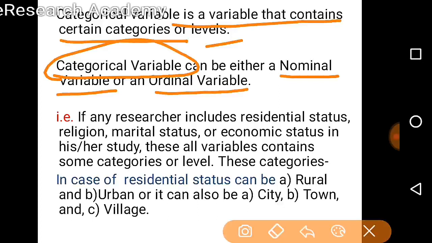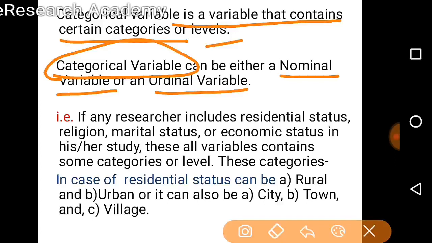Religion is a variable that contains four categories in itself: first Hindu, second Muslim, third Sikh, and fourth Christian. So these four are the categories under religion, and religion describes four characteristics or four attributes of the human being.